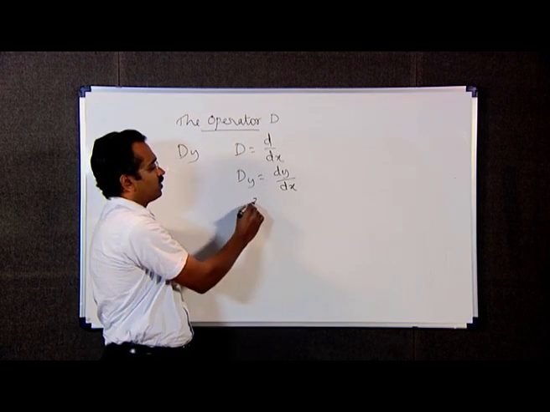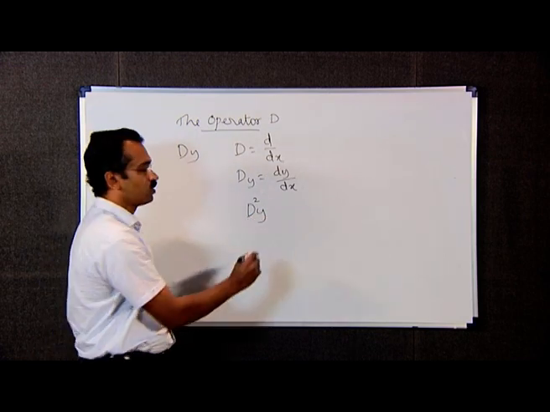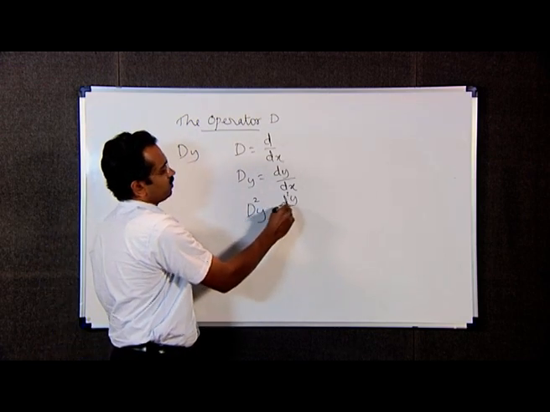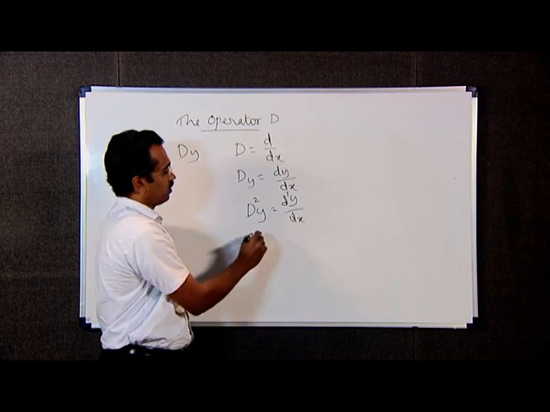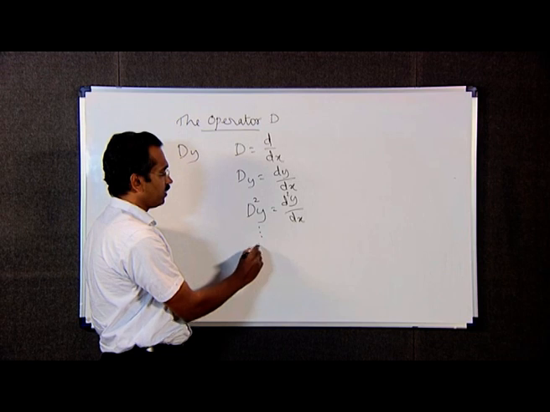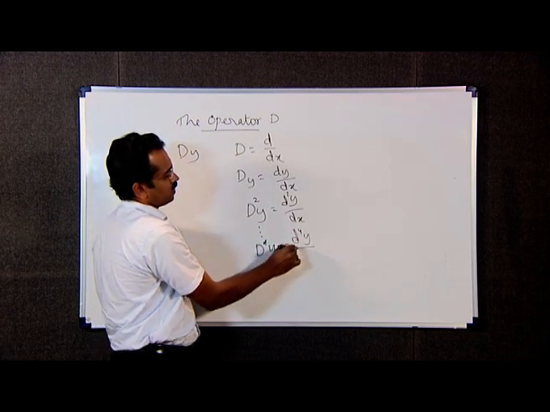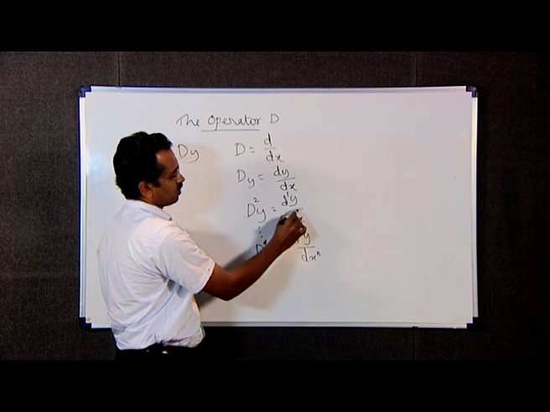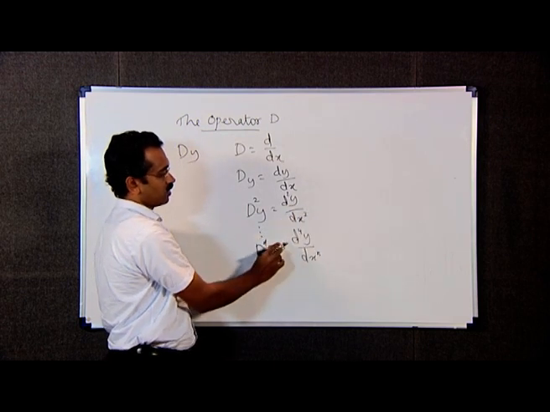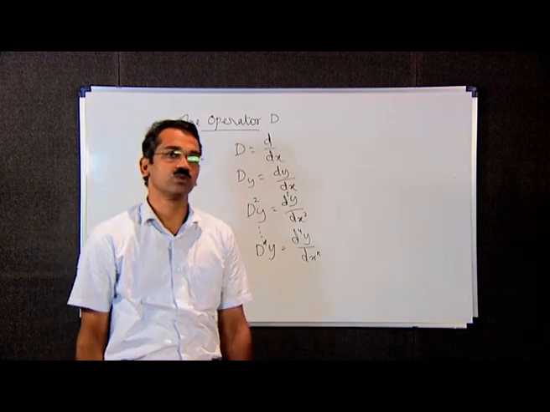The second derivative of y is D square y, equal to d square y by dx square, and in general D raised to n y is equal to d raised to n y by dx raised to n.